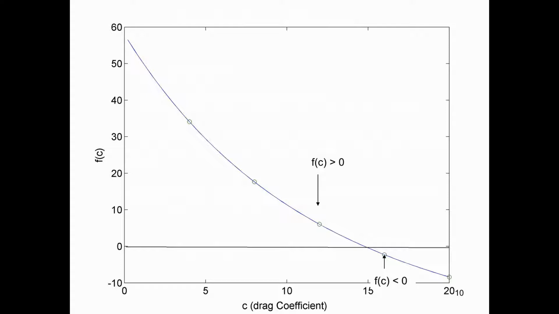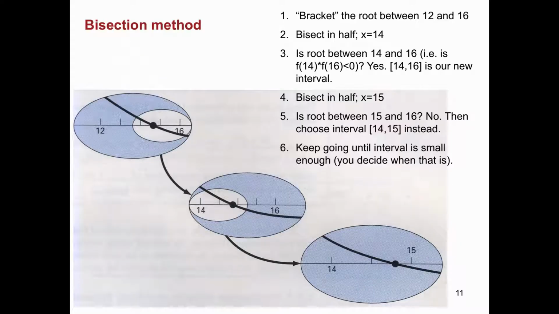I gotta start from what we call a bracket. So I bracket the root, and in this case it's 12, 16. And then, here's the algorithm. I think you should be able to see why it should work by the end of me describing it. If I take the midpoint in between, that's 14 in this case, I split my bracket into 2. And now I evaluate which one of the 2 contains that root.